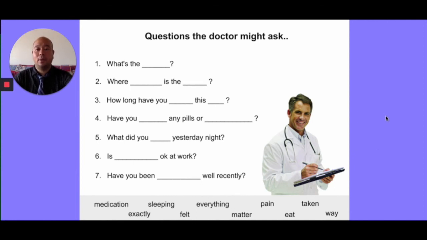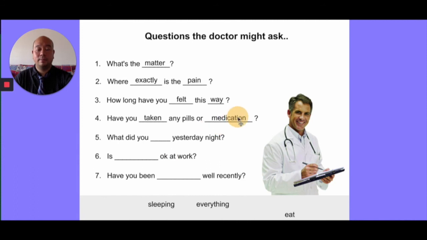Number 1, the question here is, what's the matter? Number 2, where exactly is the pain? Number 3, how long have you felt this way? Right. The next one, have you taken any pills or medication?